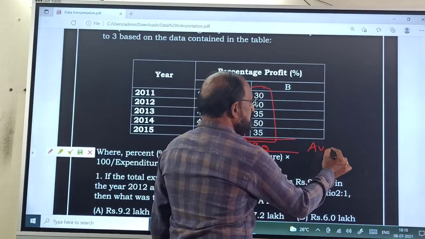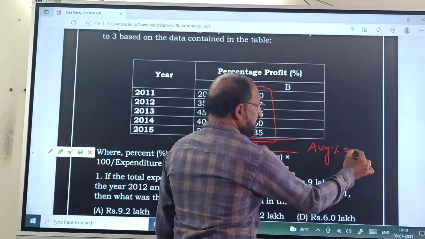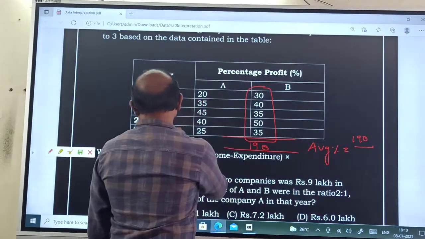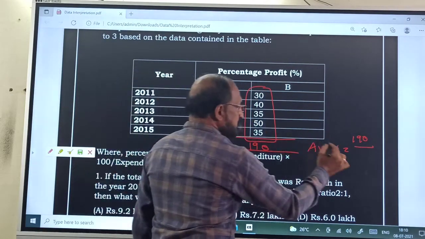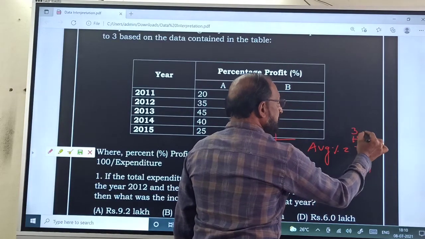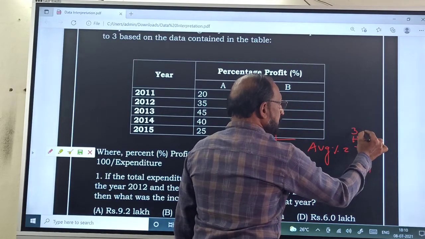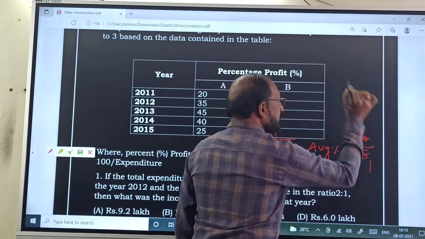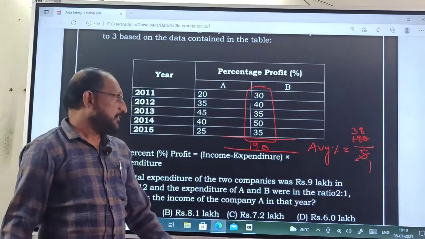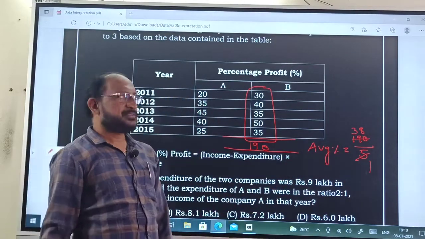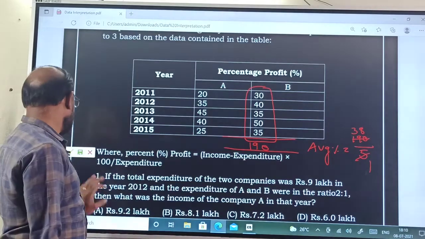The average percentage profit is 190 divided by 5 years. 5 threes are 15, 5 fours are 20, 5 eights are 40, so 38. The answer is 38 percentage.